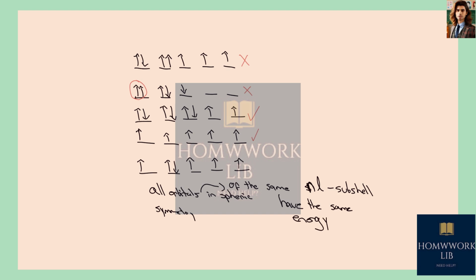So there is no way for us to know in which orbital the second electron is going to enter. So this is still going to be a correct configuration.